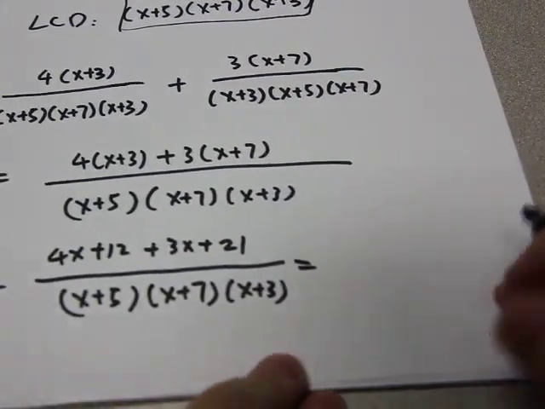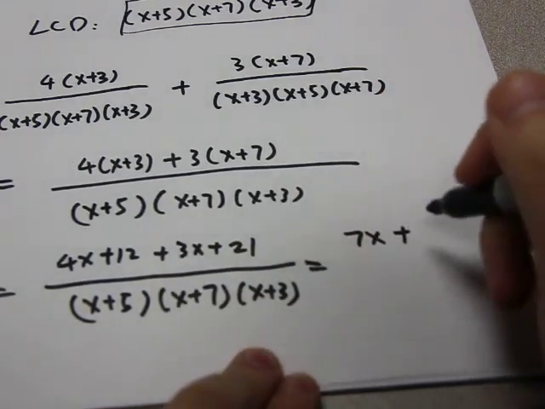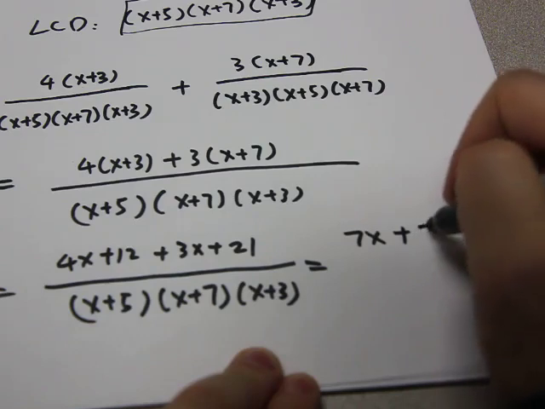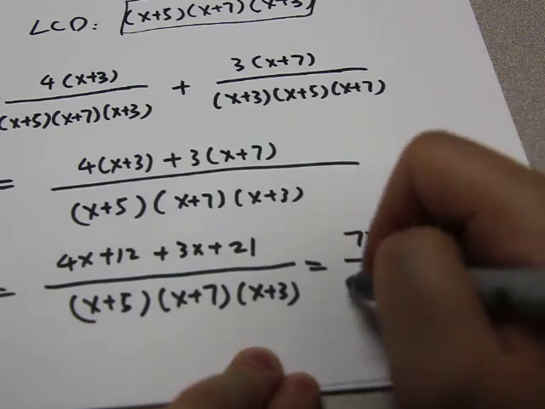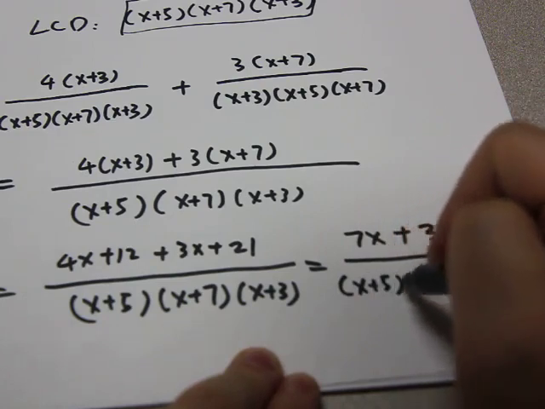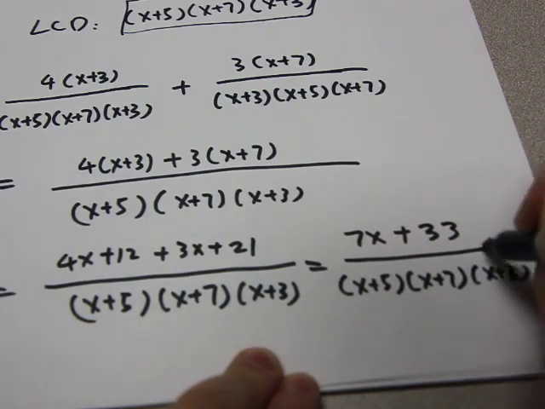So the answer is 7x plus 33 over x plus 5 times x plus 7 times x plus 3.